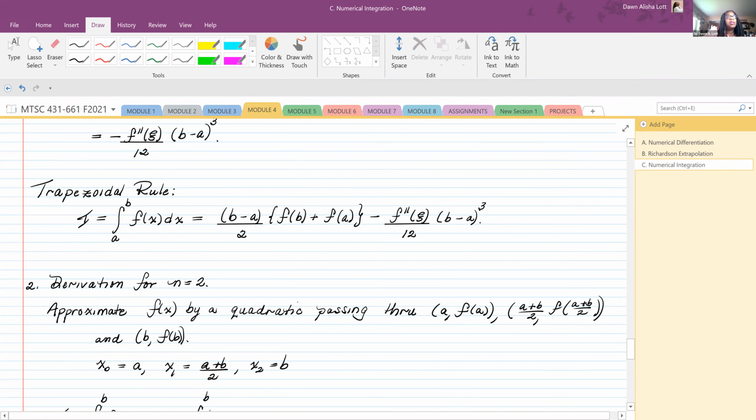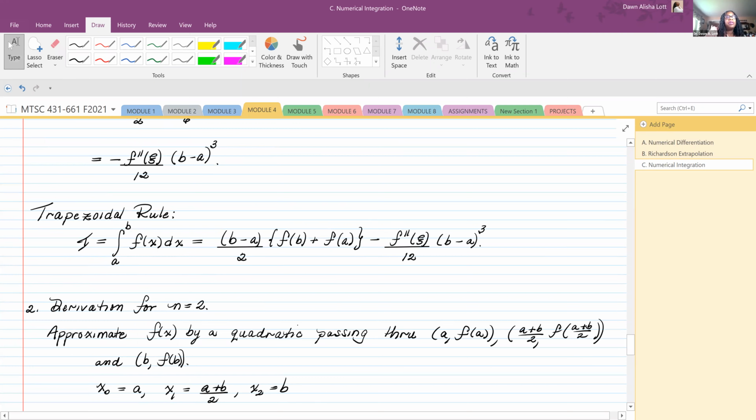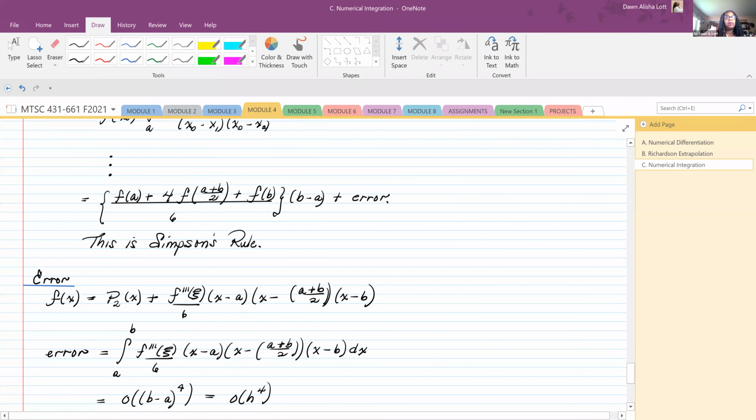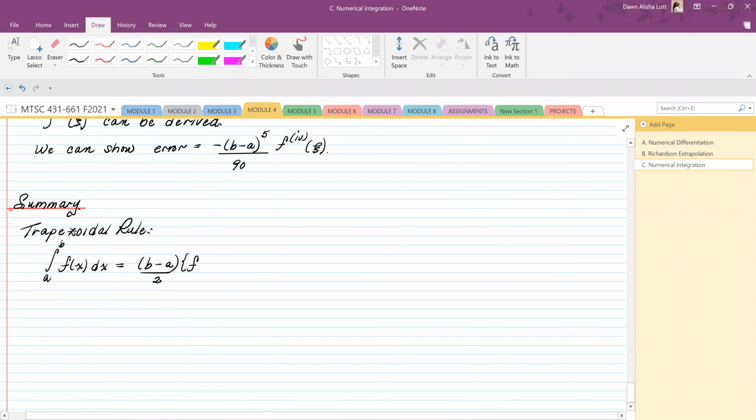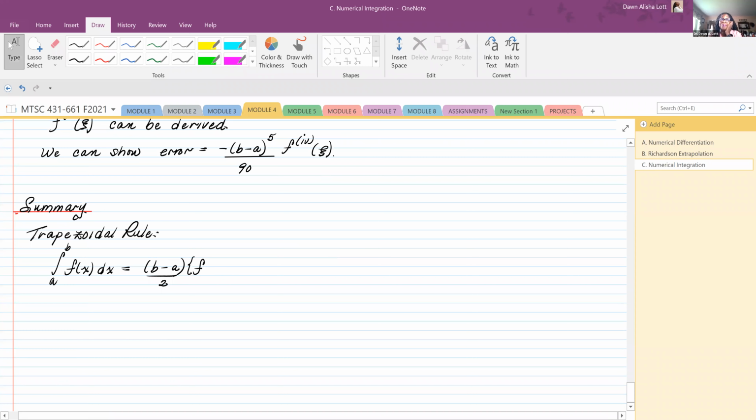This one was the third, that was the second derivative, but it was at h cubed because we had divided by an h. And then here, this one is the fourth derivative, but it's b minus a to the fifth. I know it looks weird, but that is correct.